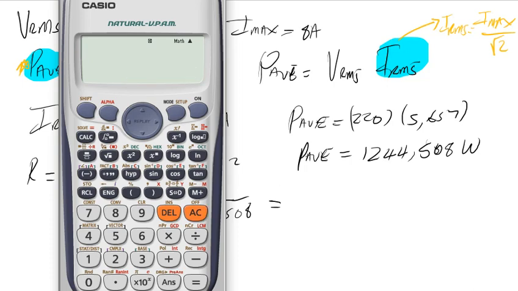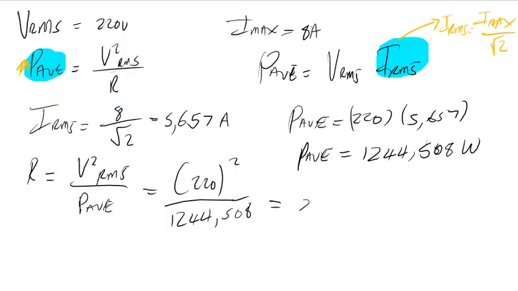So you can press AC and say 220 squared divided by answer. So this will give you 38.89 ohms.